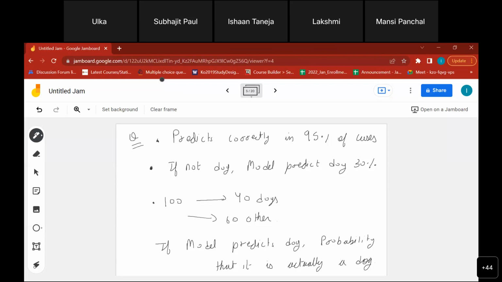Now suppose I have 100 images of which 40 are dogs and 60 are of other animals. I choose one image randomly and show it to the model. Now the model predicts it to be a dog. You have to find the probability that the image shown to the model was actually a dog.